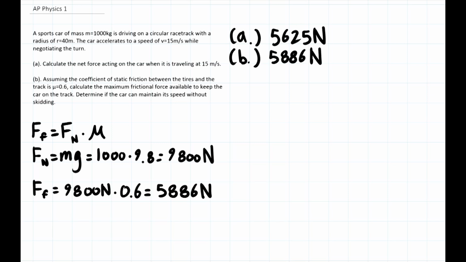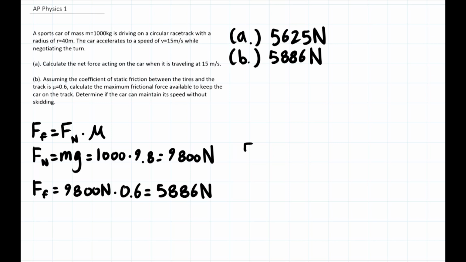But the question also states, determine if the car can maintain its speed without skidding. In physics, an object skids in this scenario if the centripetal force is greater than the maximum frictional force. And we can just compare our numbers here.